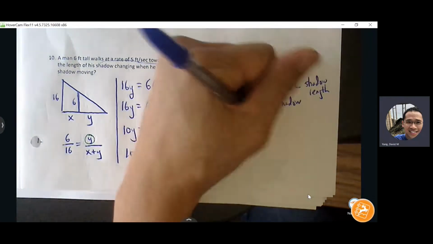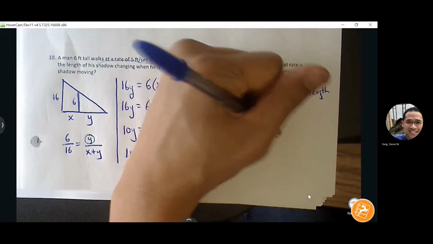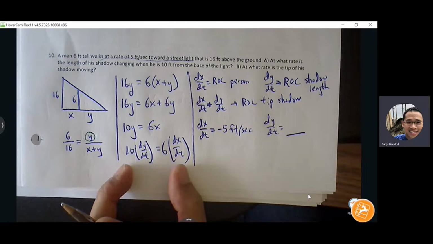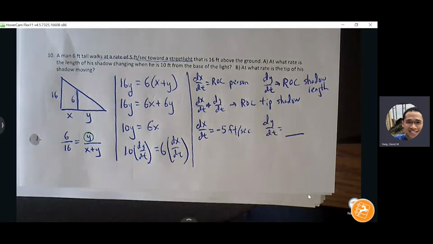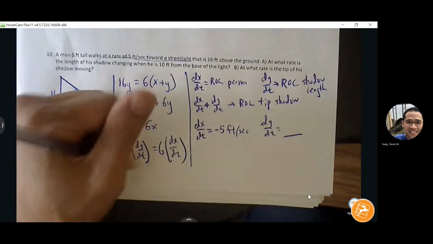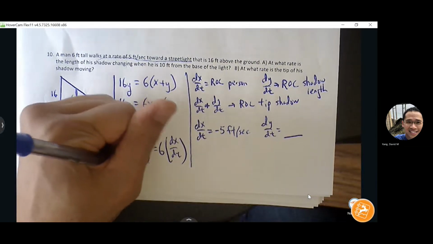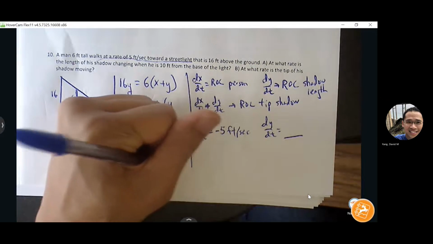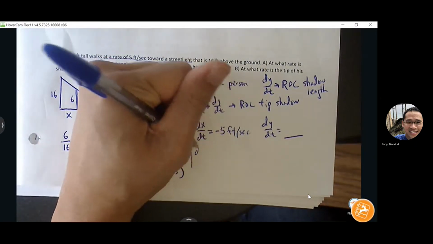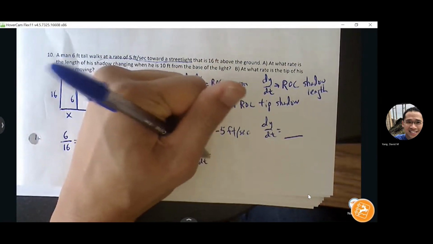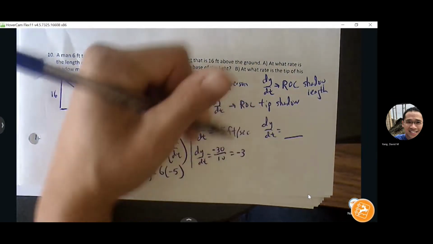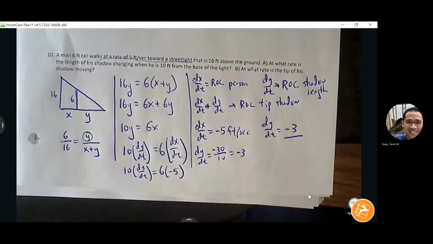So we're looking for dy/dt. If we use this equation and that value, we can find our dy/dt. That's part A.